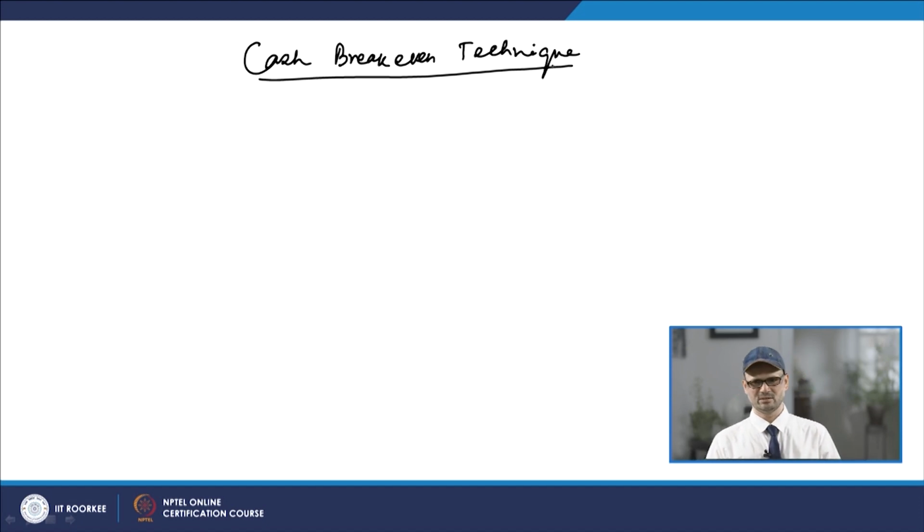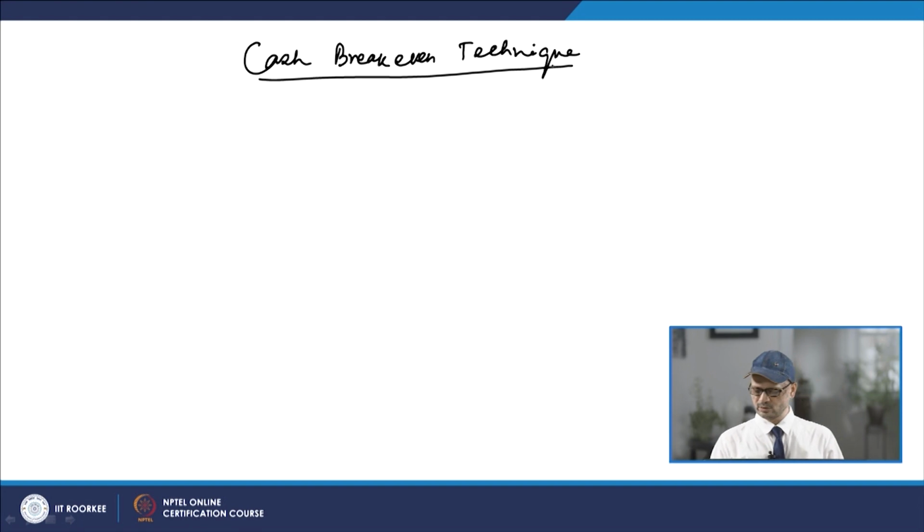In those cases we can have a break even point known as the cash break even point, because we are overestimating by taking the depreciation charges into the fixed cost. Although they are a part of fixed cost, we can take the benefits of these charges by other means, maybe in taxes. So, we can exclude them while doing the break even analysis, and then it is known as the cash break even analysis.